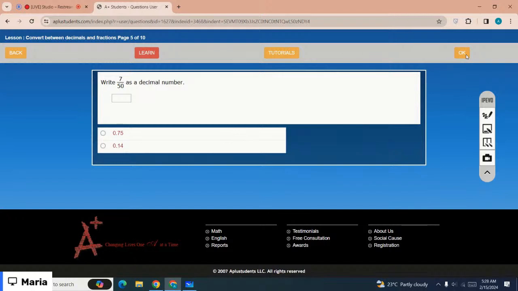We need to multiply the denominator by 2 so that it can be 100, right? So then that is 0.14, the correct option. Option number 2 is the correct option. That is 0.14.